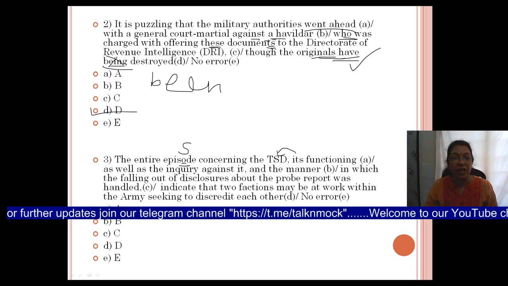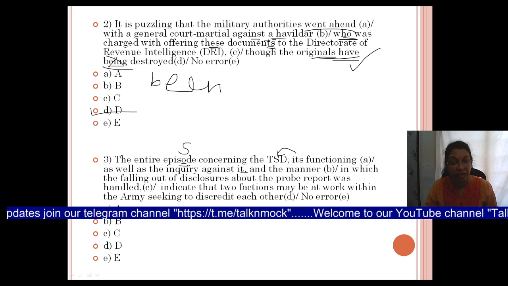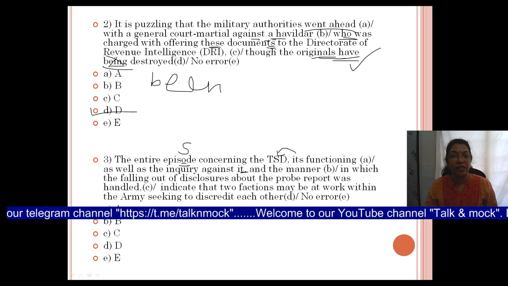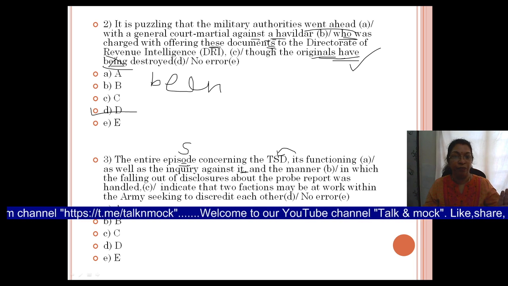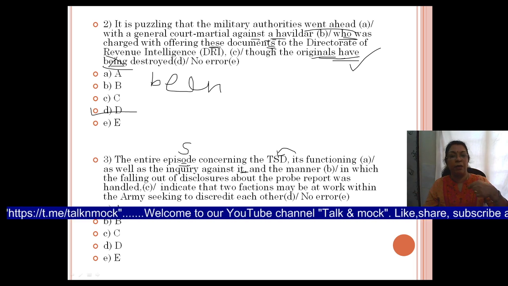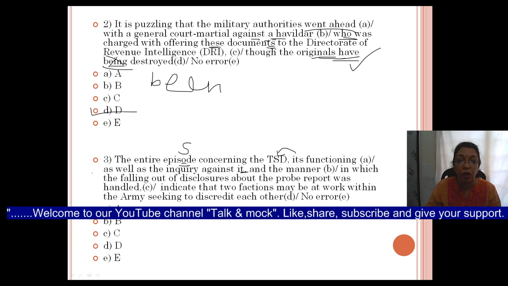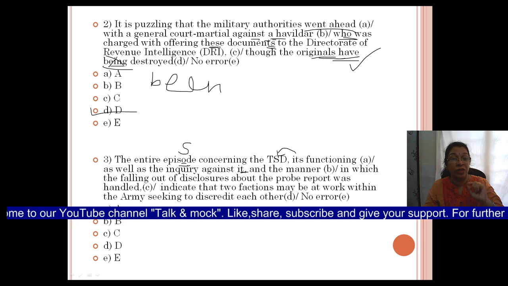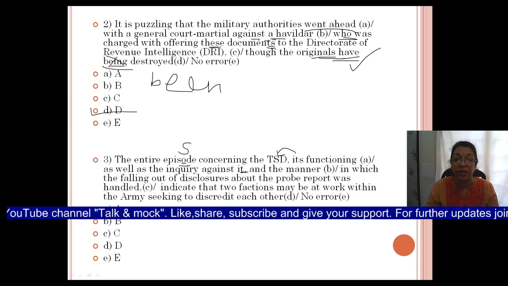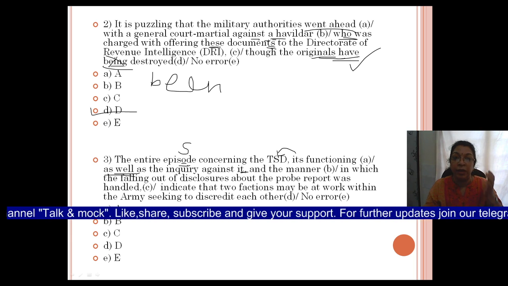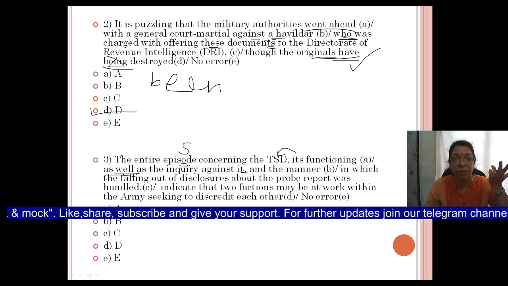As well as the inquiry against it. See, here also they have used it. Some complaint or some inquiry against it. Now please understand the subject verb agreement with this phrase. I will have this in my memory.